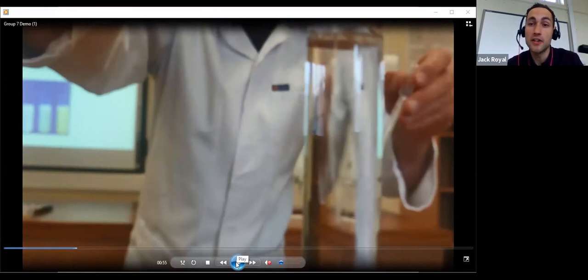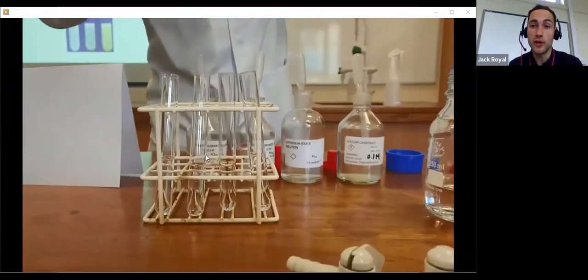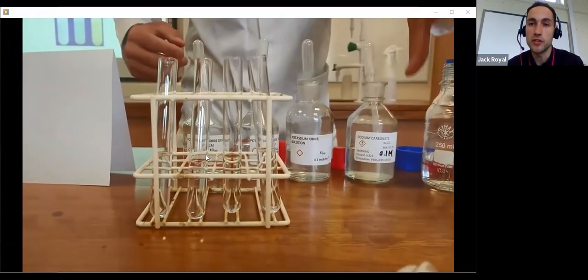And if you add acid to a carbonate ion, you should see fizzing, or the proper word is effervescence there. I'm going to show you this live as well, just so you can see the fizzing a bit better later on. But you might see a few bubbles just rising to the top there. So when you add an acid to carbonate ions, you get fizzing, and that confirms the presence of carbonate.